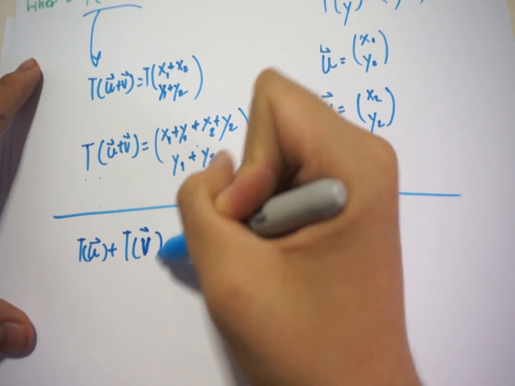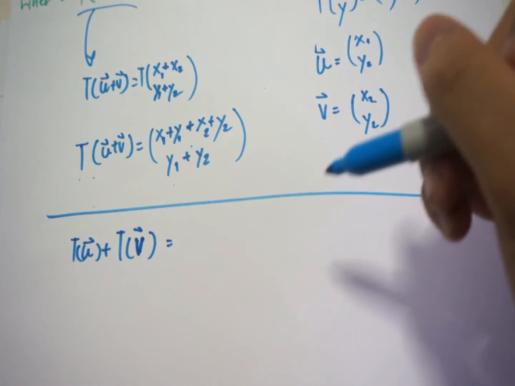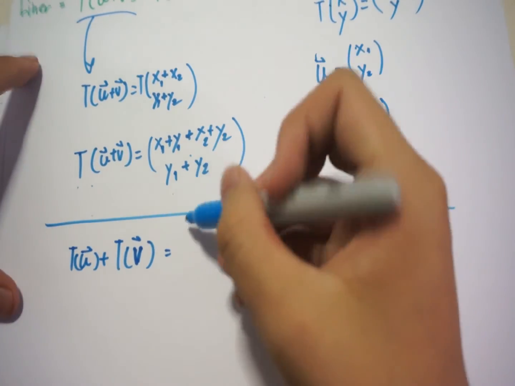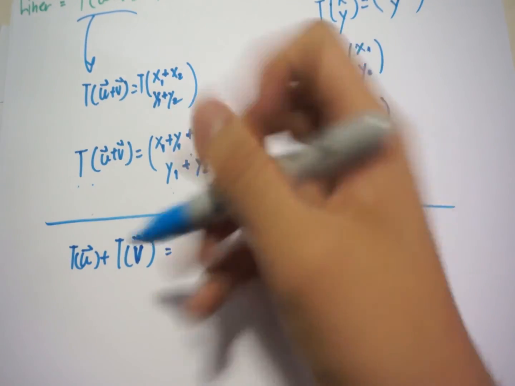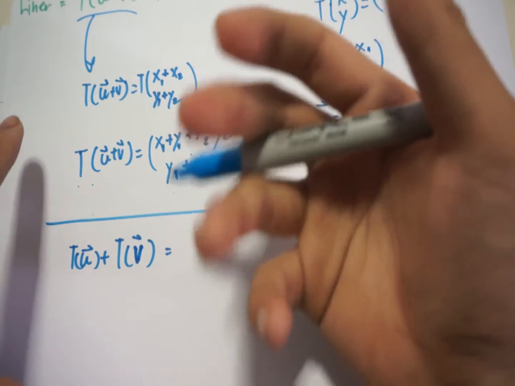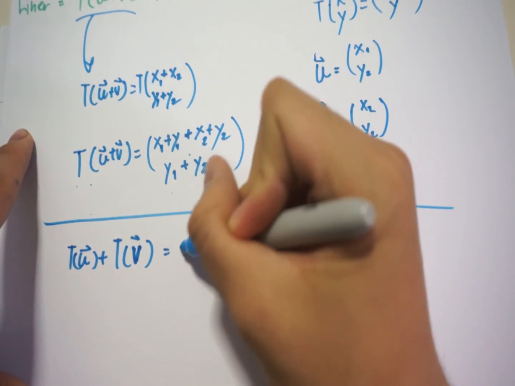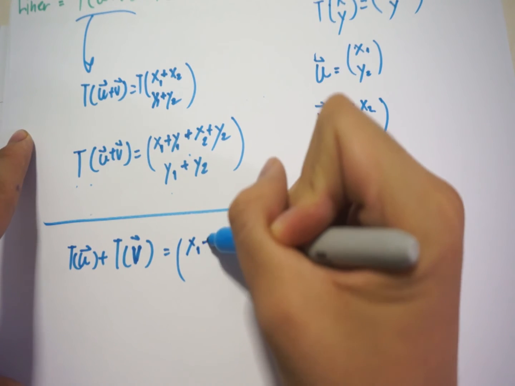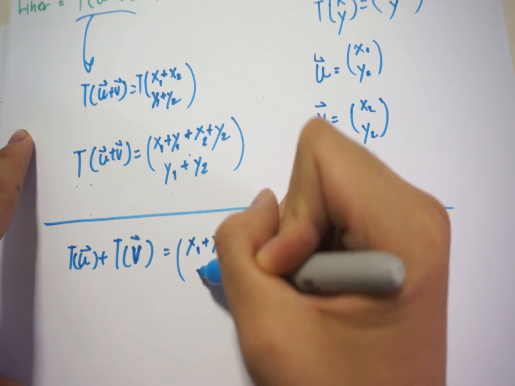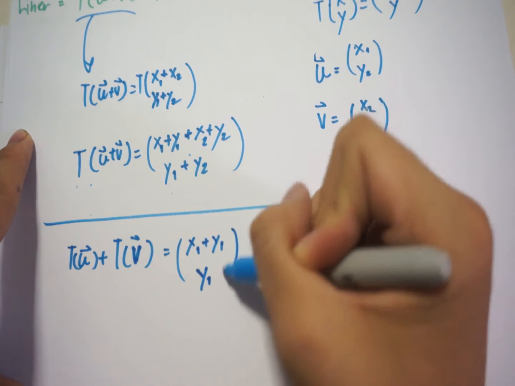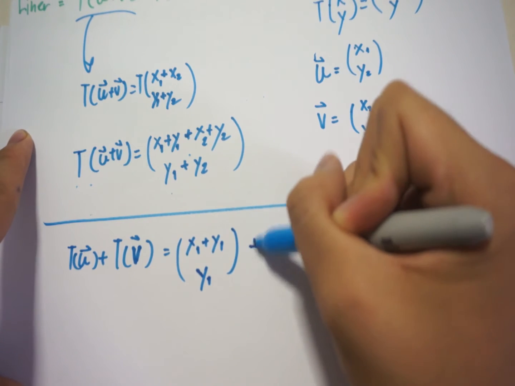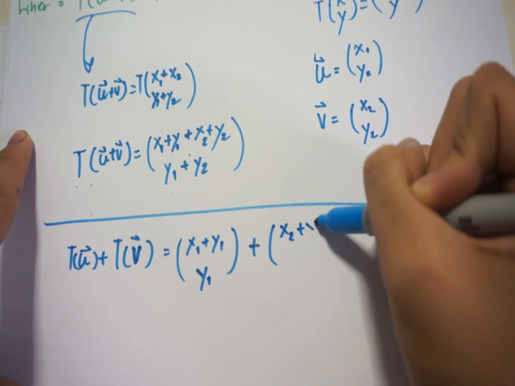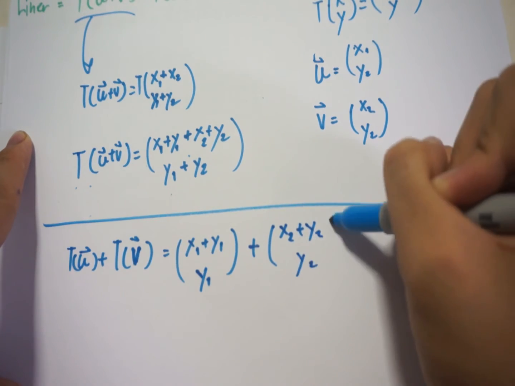The thing about finding transformation is that when you get the formula right, you start to see that most of them are quite the same to each other. As you can see, x1 plus y1, and then we have y1 over here, and then we're also going to have x2 plus y2 and y2 over here.